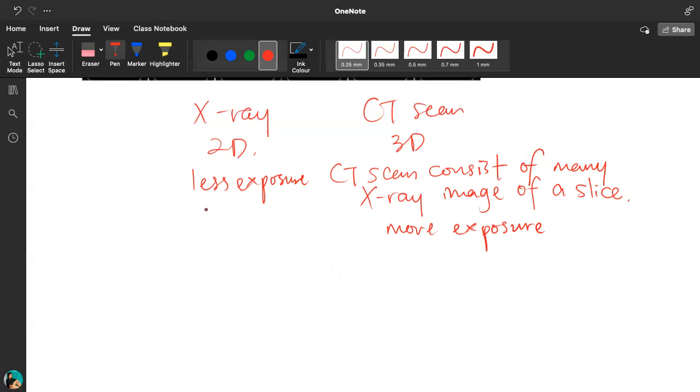You can also say there's no depth in the image for the X-ray. No depth. It's just 2D, one plane. There's no depth.